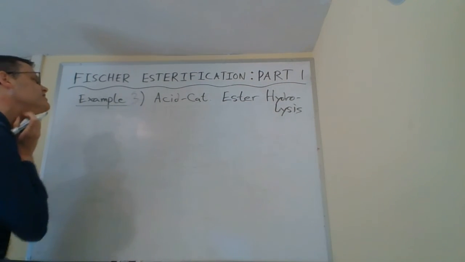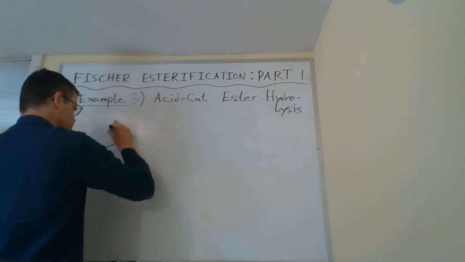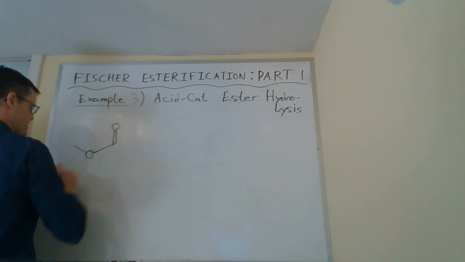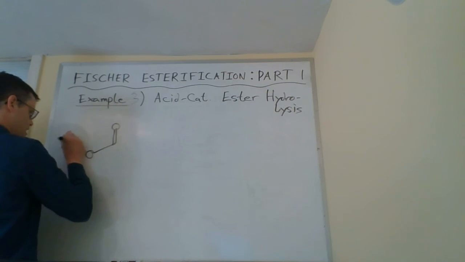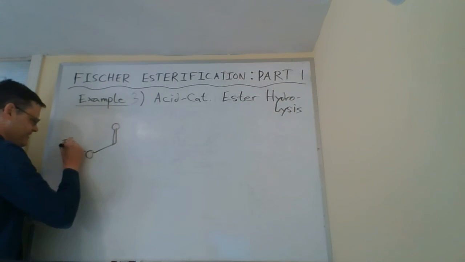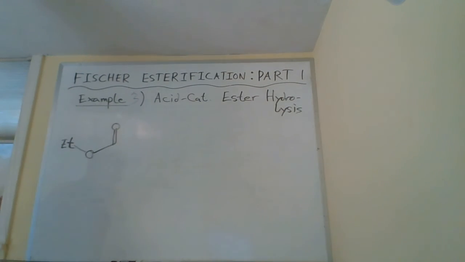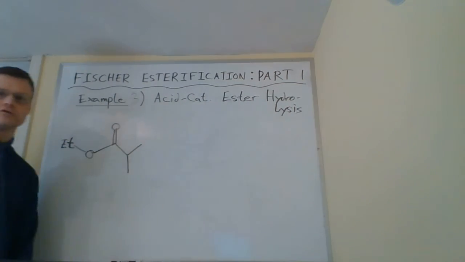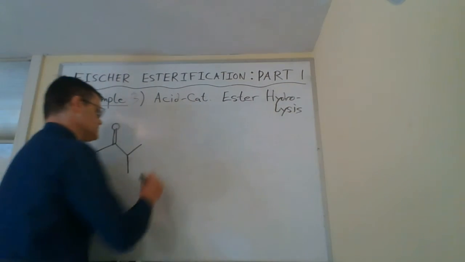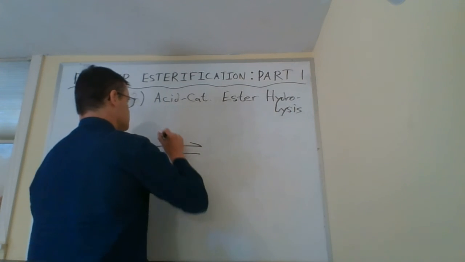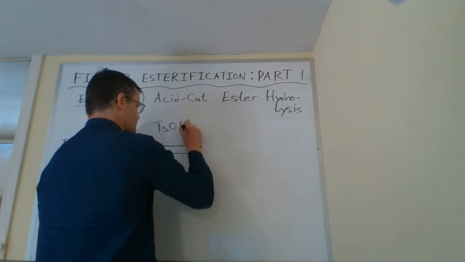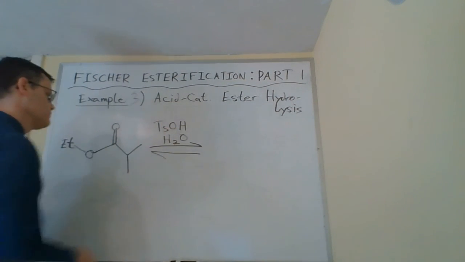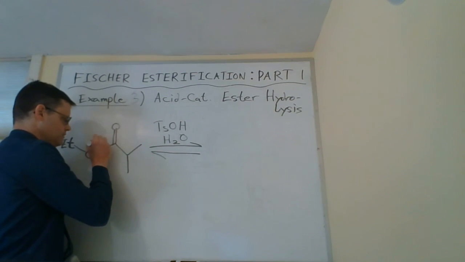Let me give you an ester here to break apart. We'll just put an ethyl group here, that's Et, and let's just put an isopropyl group here. To do ester hydrolysis, we're going to need some acid and we're going to need water. The way you want to think about this, we're going to break this bond.